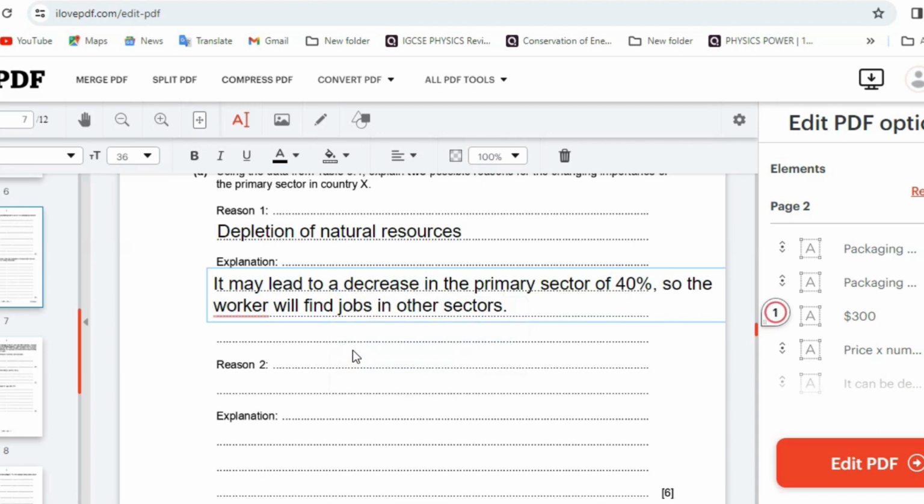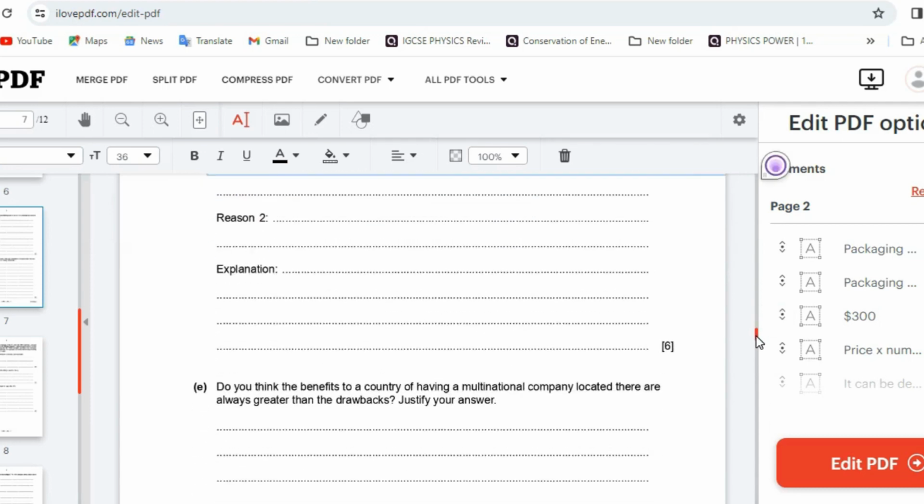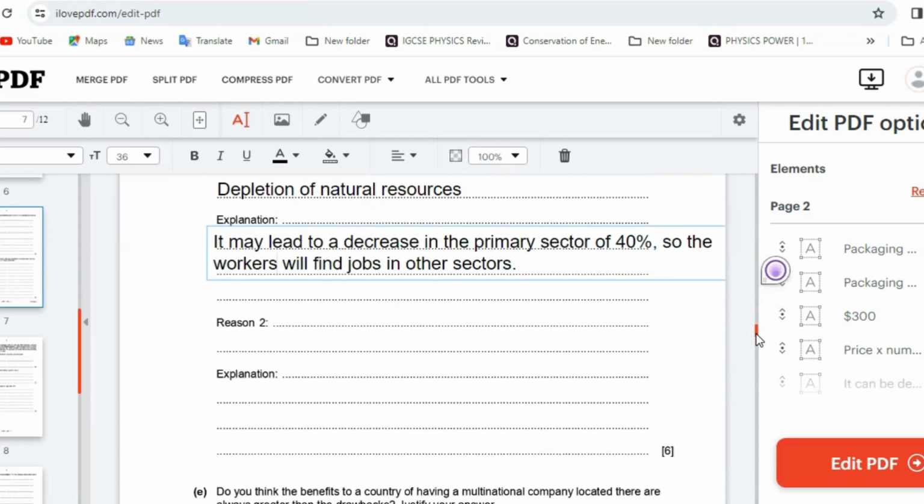Now let us see another reason for changing the importance of the primary sector in country X. Of course, it can also be increased use of machinery in primary sector.